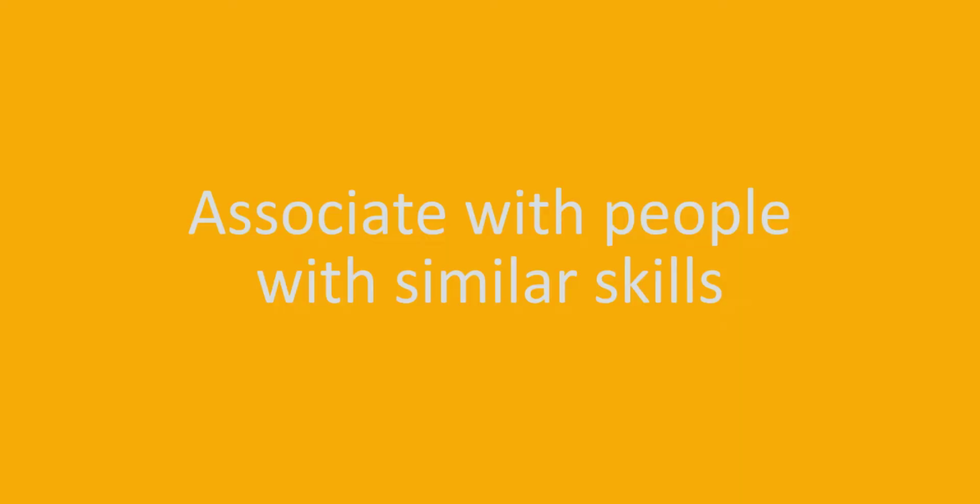The next step that you need to take to improve upon your digital literacy is to associate with people who also have such skills and are using them on a regular basis. For instance, if you're a PowerPoint designer, you may want to associate with people who also like designing PowerPoint, and you are going to learn a thing or two from them.